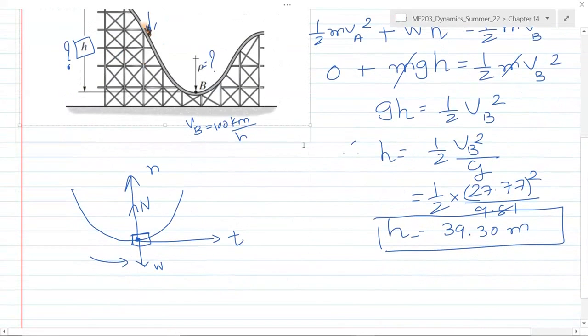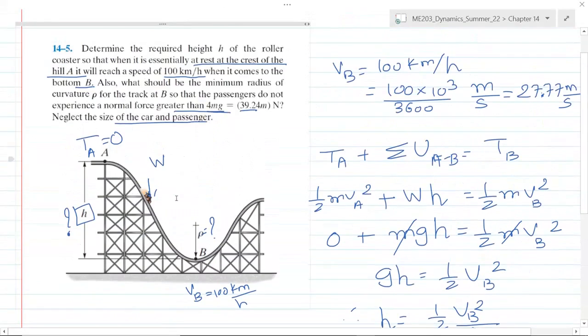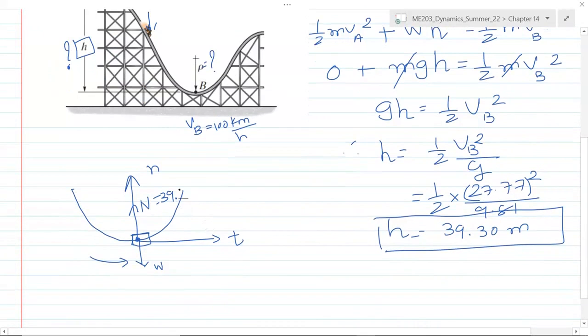So we can substitute that value here: 39.24 m, and this W is equal to mg, so this is 1 time mg. We can actually substitute the value of g here, so it's 9.81 m, and this is 39.24 m.